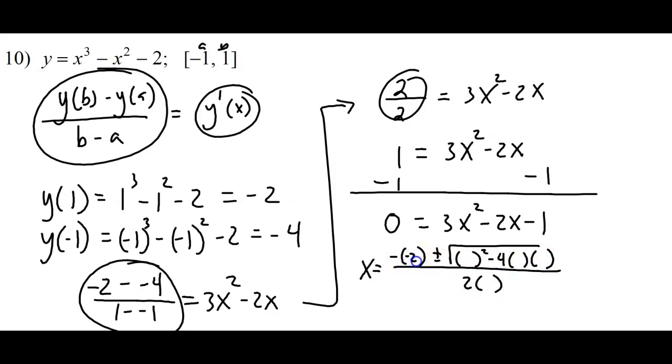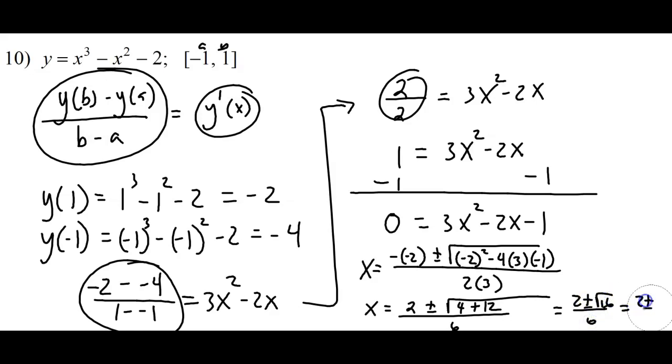The b value is negative 2, the a value is 3, and the c value is negative 1.